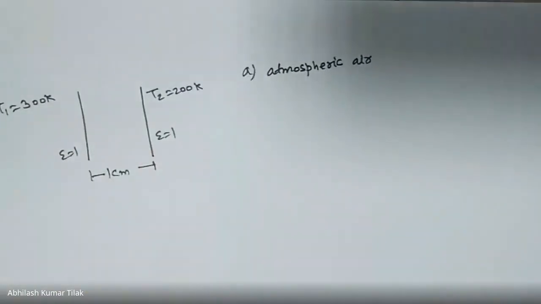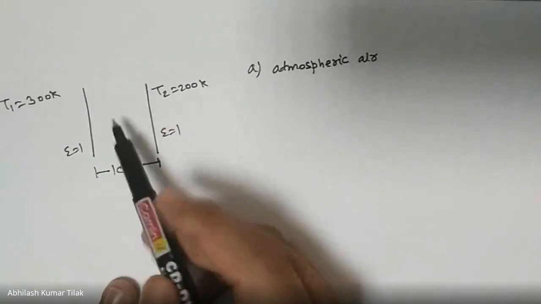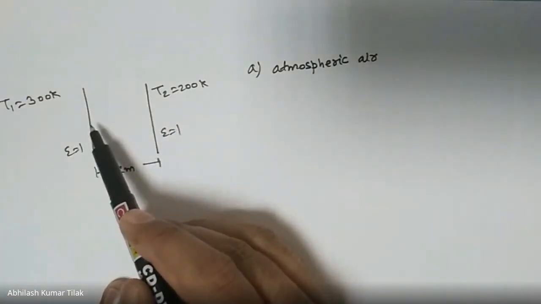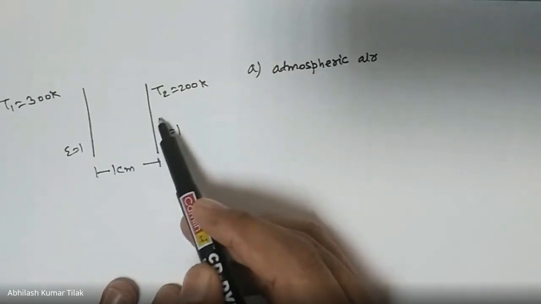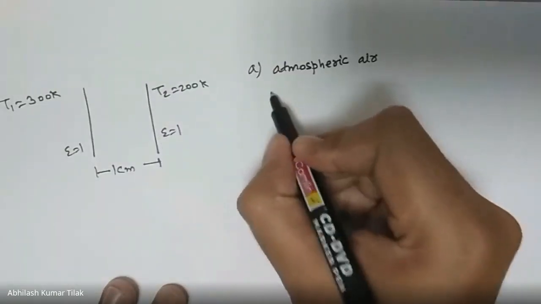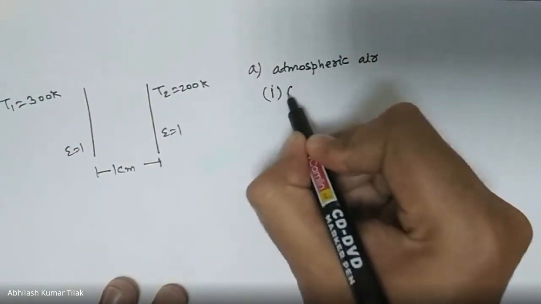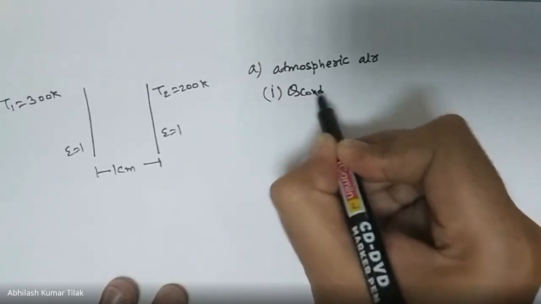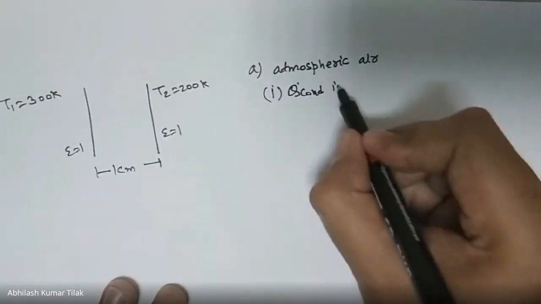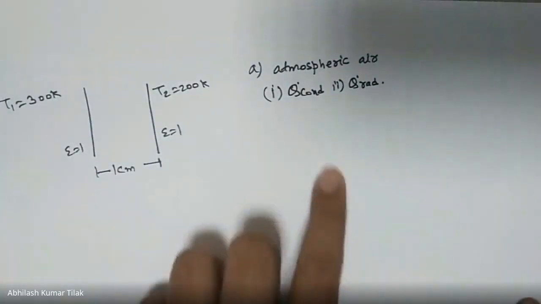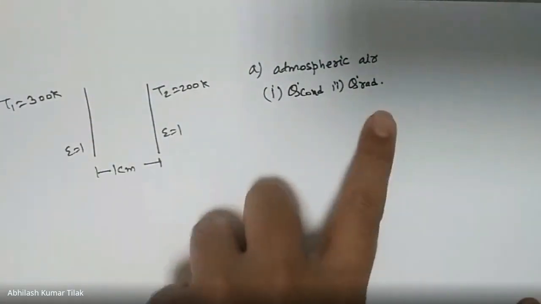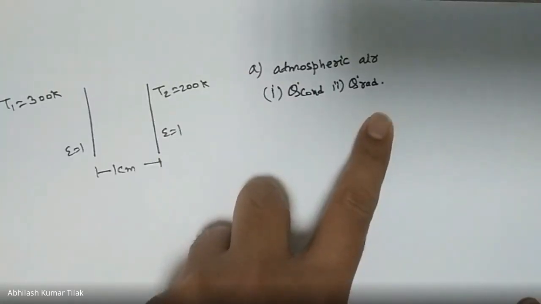So the modes involved here would be conduction, from the first plate at higher temperature into the medium to the lower temperature plate, and second, radiation. We can determine the values of Q conduction and Q radiation using the basic laws.